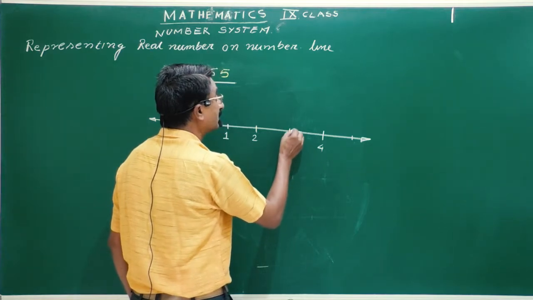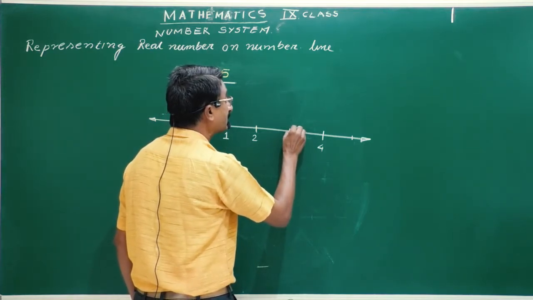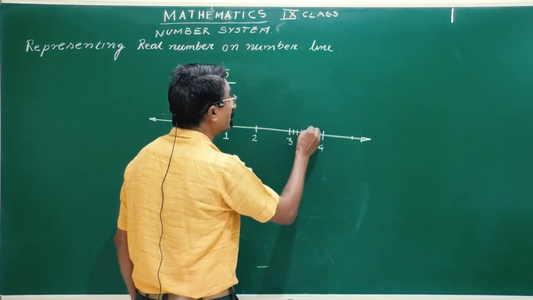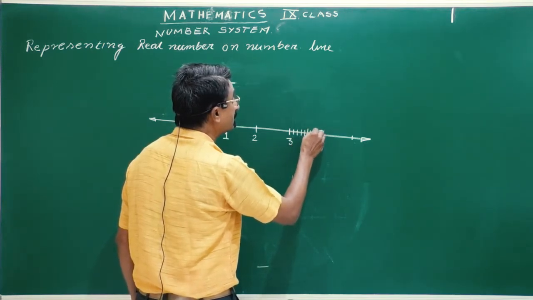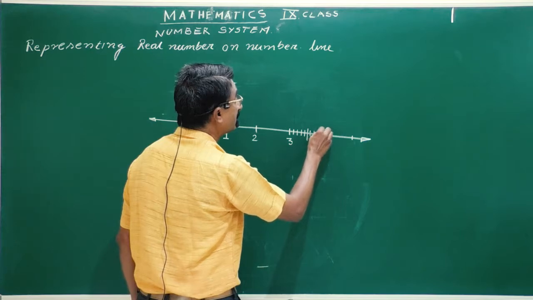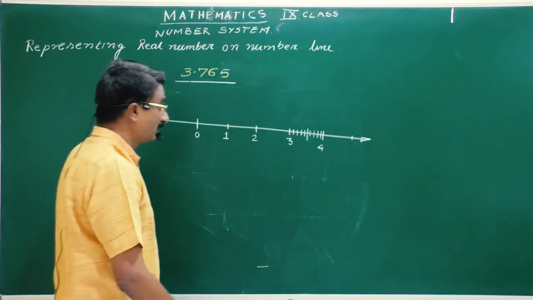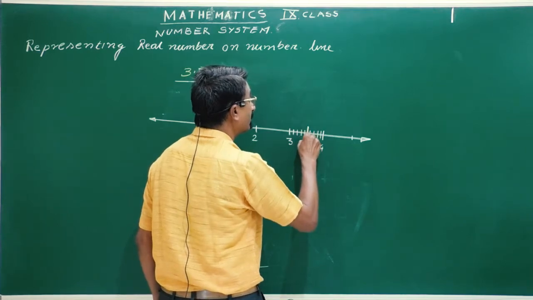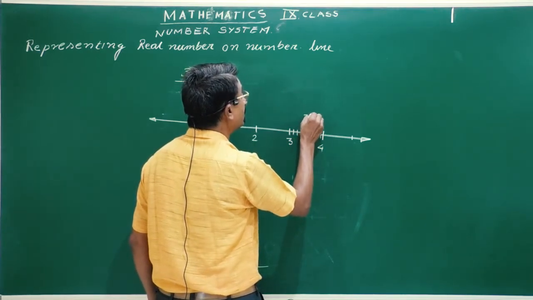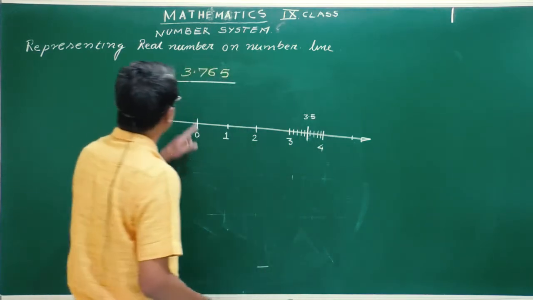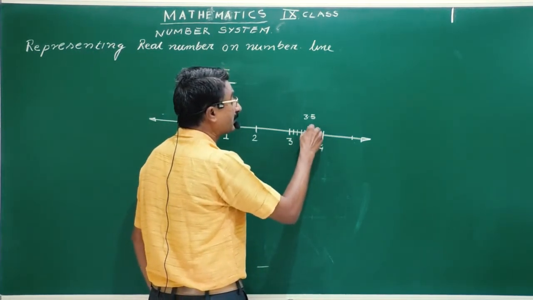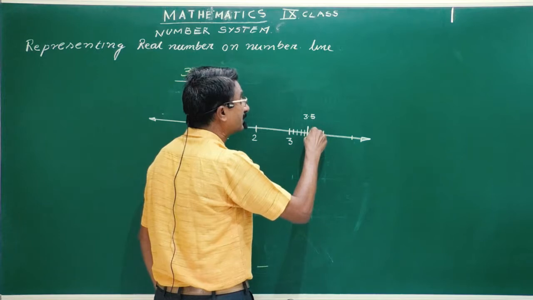Divide this length into 10 equal parts. This is 1, 2, 3, 4, 5, 6, 7, 8, 9 and 10. This point is 3.5. We need 3.7. So 3.5, 3.6 and 3.7.